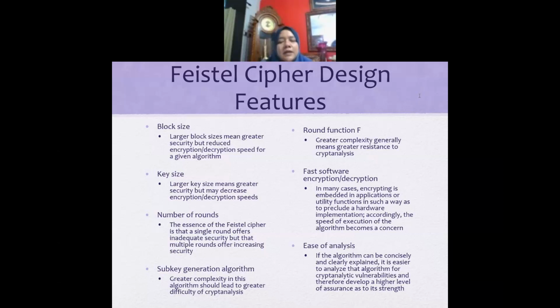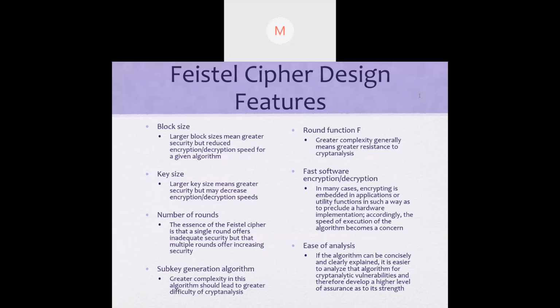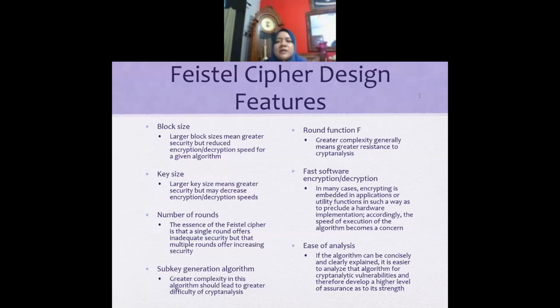Okay, as we can see from the Feistel block cipher, how many rounds do we have? If you still remember. Yeah, 16, right? For the Feistel block cipher. Normally the data will be divided into blocks.